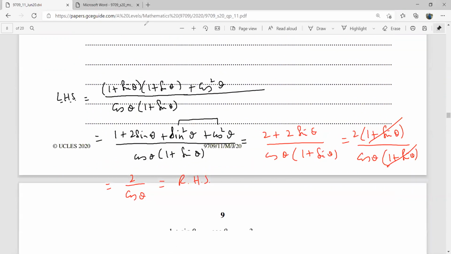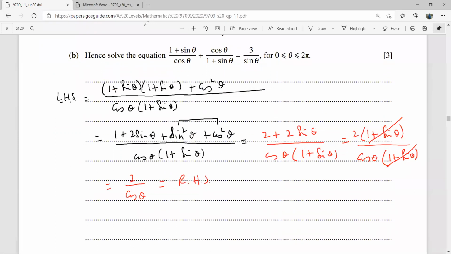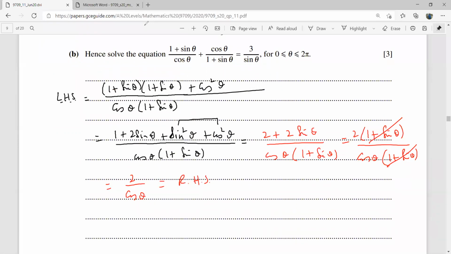B part. It says, hence solve this equation. This hence is always a clue for you. You have to solve this equation. So we are going to use the previous part's working. We have shown that all of this is basically 2 over cos theta. So let's use that working here.